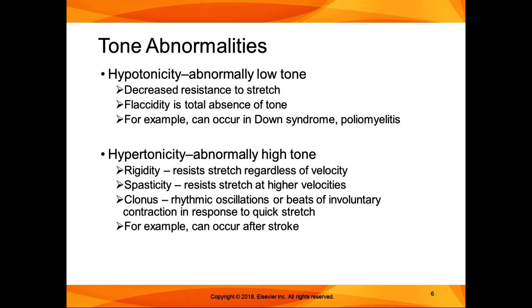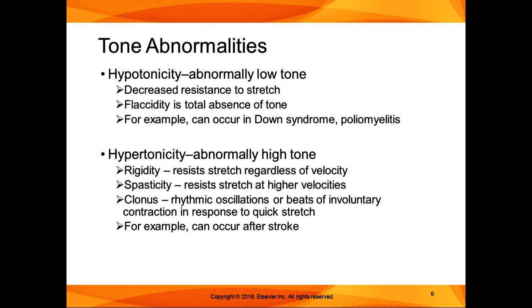Hypotonicity can occur in Down syndrome or other genetic disorders. It can occur with poliomyelitis. When you talk about pediatrics next spring, you'll see that a lot of the genetic conditions that we talked about in pathophysiology result in hypotonic trunk muscles. So it changes their posture and strength and walking and everything.